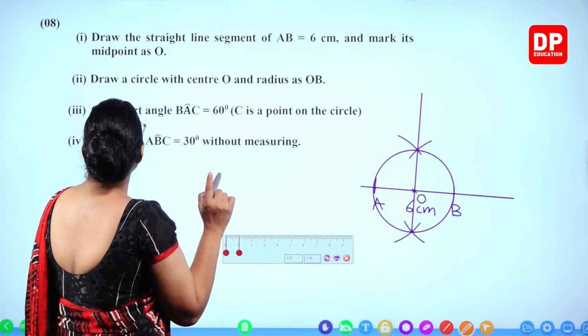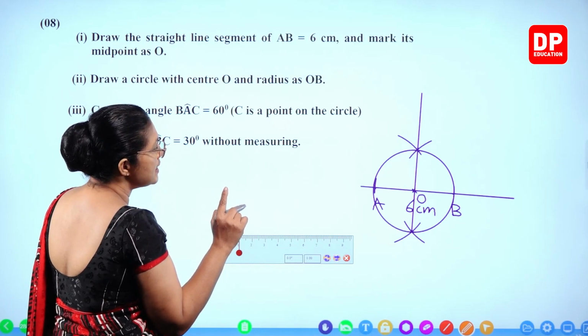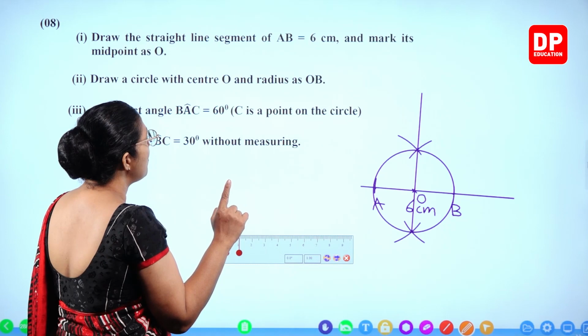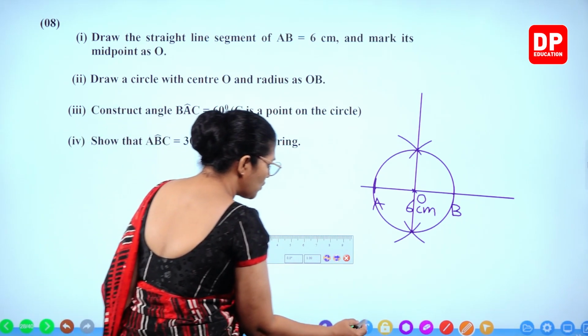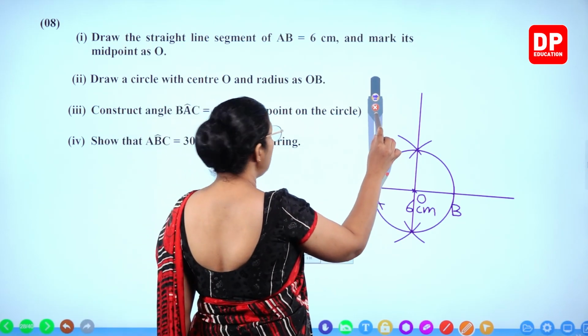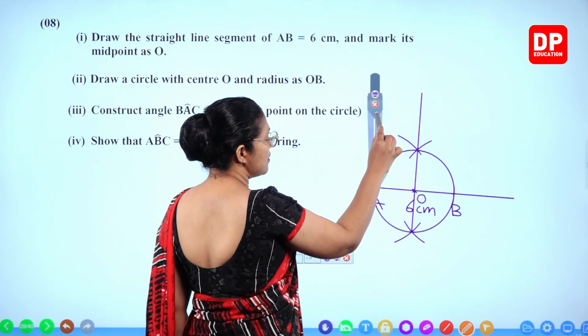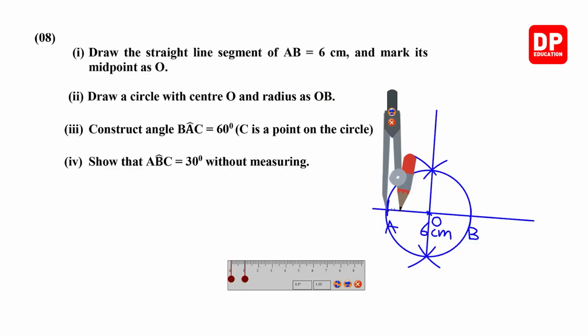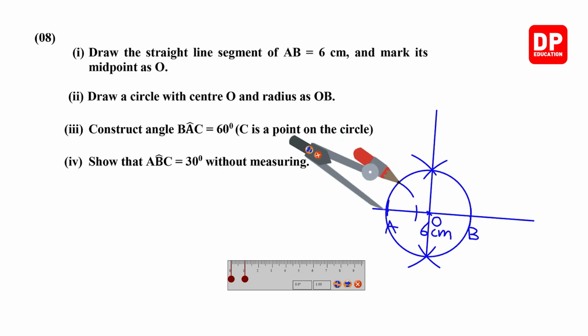Then construct angle BAC as 60 degrees, where C is a point on the circle. So you have to construct a 60-degree angle now. So what you do here? At A, you take a certain distance and construct the 60-degree angle. Draw an arc in the middle.